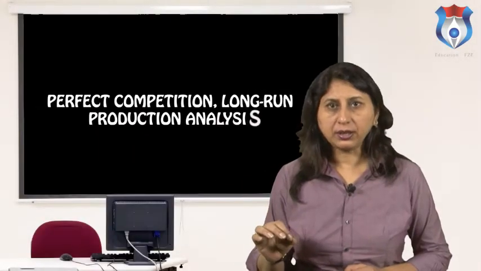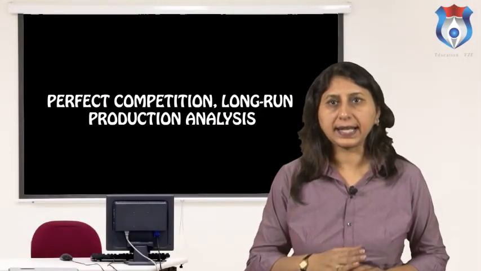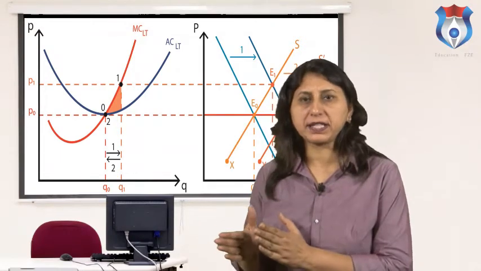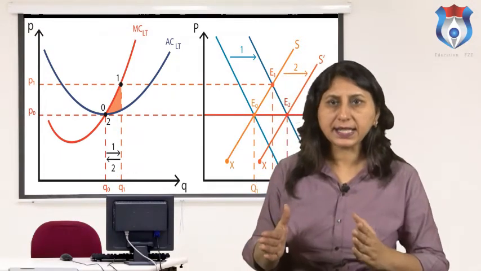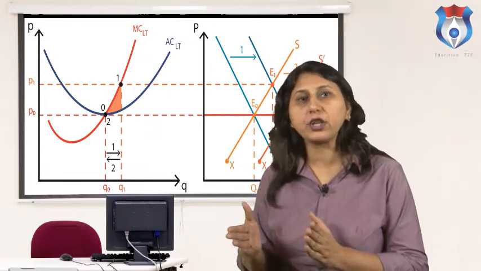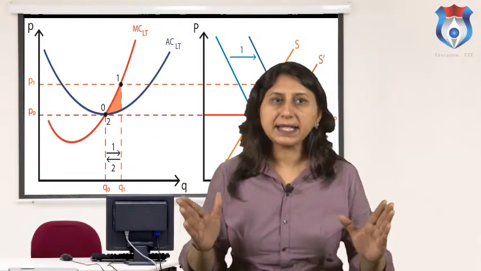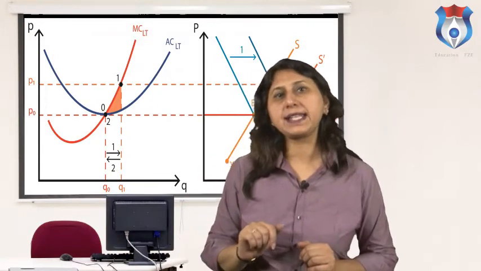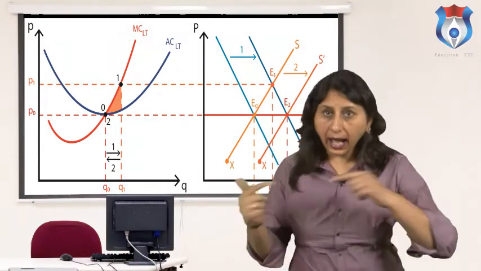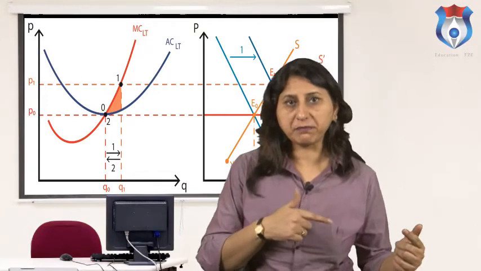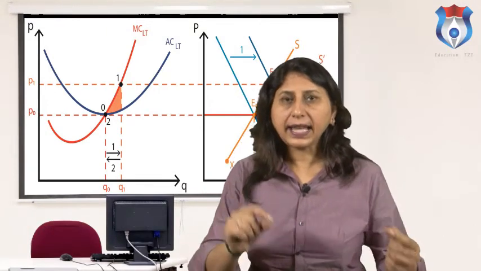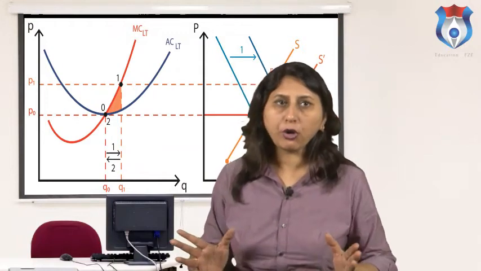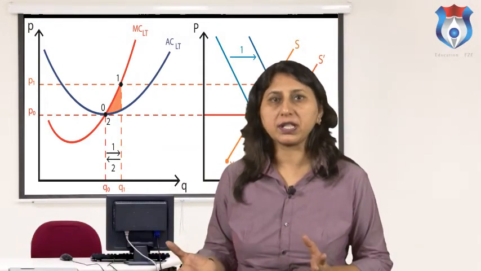Perfect competition, long-run production analysis. In the long run, a perfectly competitive firm adjusts plant size or the quantity of capital to maximize long-run profit. In addition, the entry and exit of firms into and out of a perfectly competitive market guarantees that each perfectly competitive firm earns nothing more or less than a normal profit.